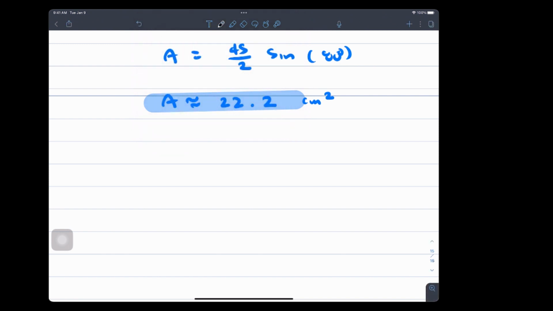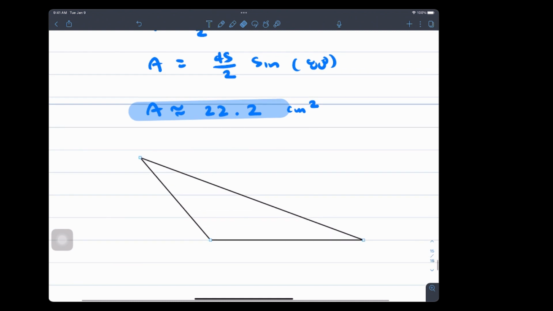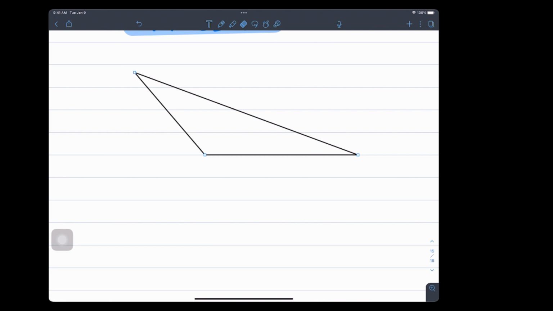Okay, and then, ladies and gentlemen, you have triangles that do look like this. And 120 degrees. 16 feet. 22 feet.